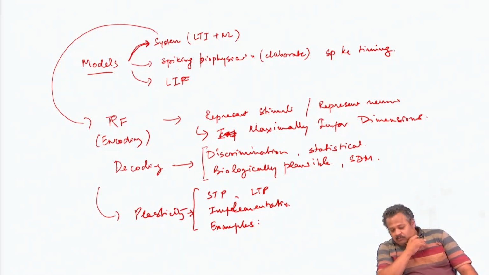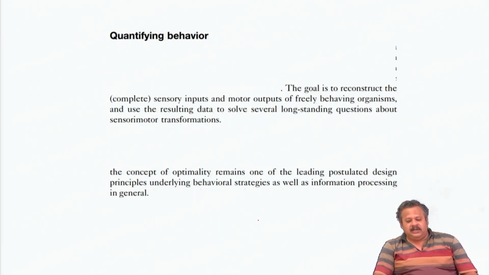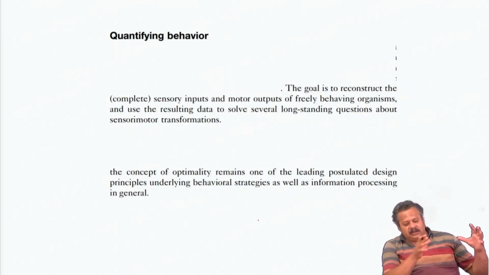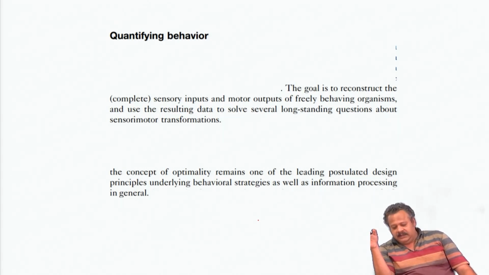So now in the more recent past, people have been looking at simpler organisms, like the zebrafish or C. elegans worm, and people are trying to understand or quantify behavior as a whole from the entire set of sensory inputs and the entire set of motor outputs in an environment. What allows one to quantify the overall behavior of the entire organism is the simplicity of these organisms.